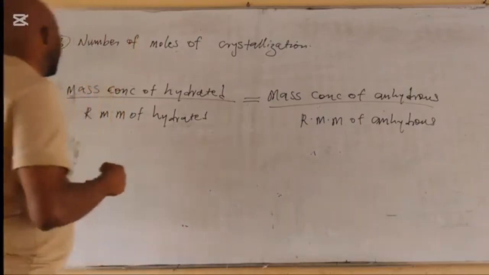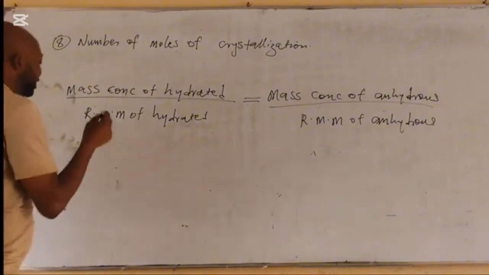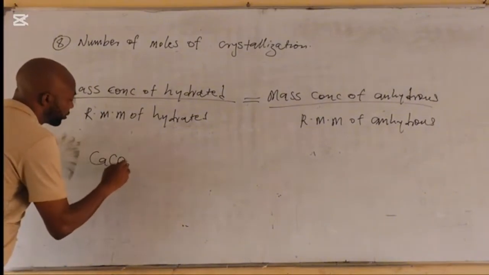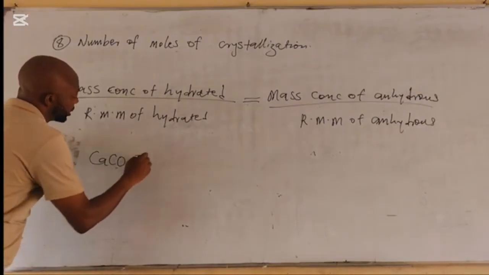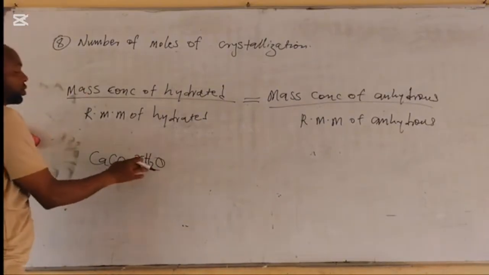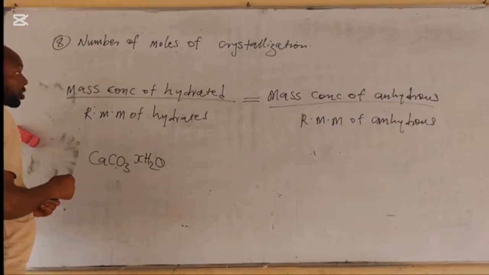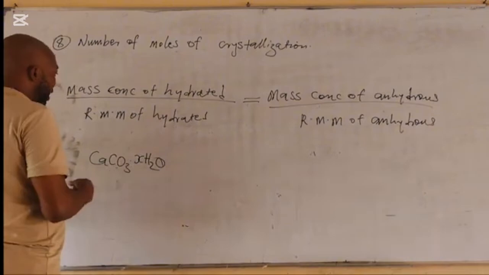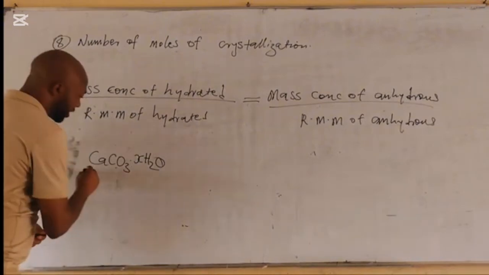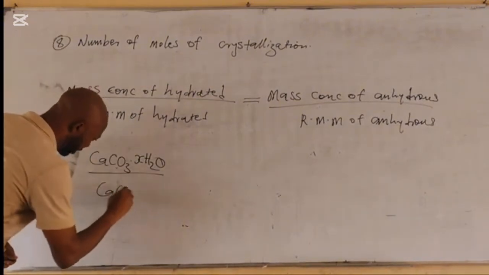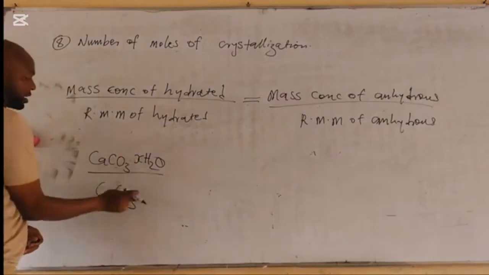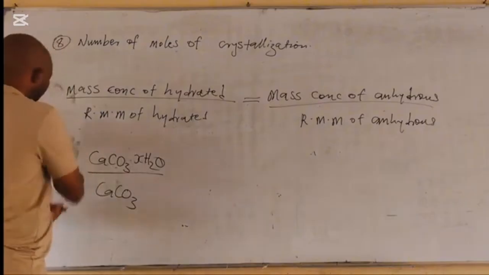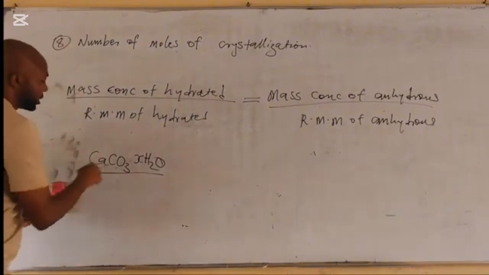So if this is hydrated, let me call it calcium trioxocarbonate(IV).xH2O. The X here tells us the number of moles of water, which we don't know and are looking for. This is the X. And the relative molecular mass of anhydrous becomes calcium trioxocarbonate(IV), there will be no water.